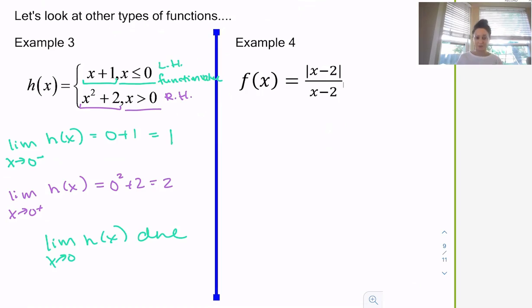This would be a non-removable discontinuity since the limit does not exist. And would you classify this as a jump or an infinite discontinuity? This would be a jump because the left and the right hand limits both exist, but they're different from each other. And this is a non-removable. Okay, how about example 4?